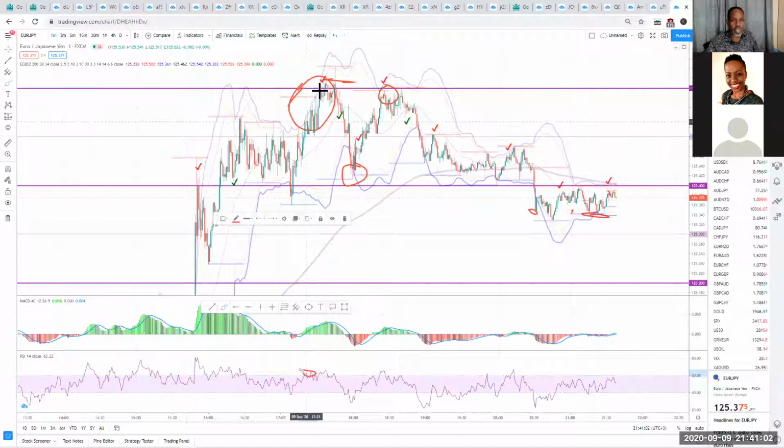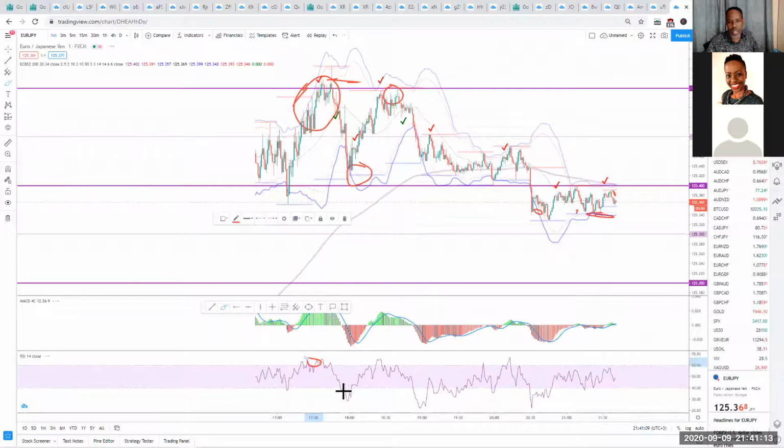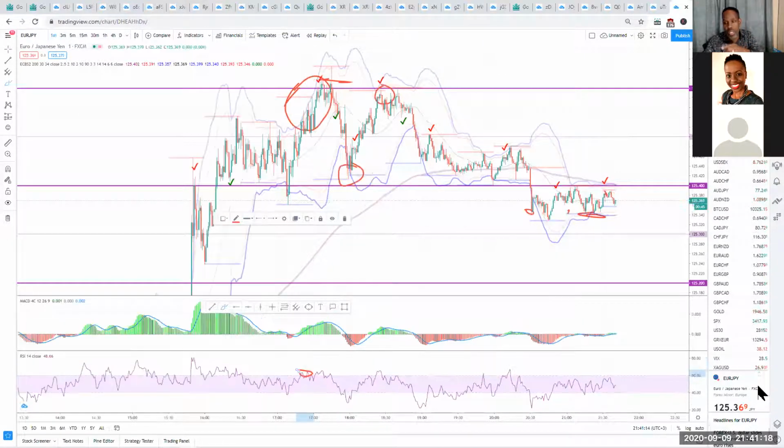So to help you avoid the slide along the Bollinger Band, make sure you look at the RSI, to make sure that it's between 40 and 60.